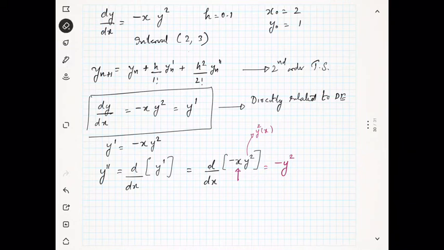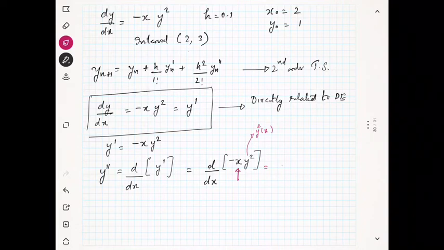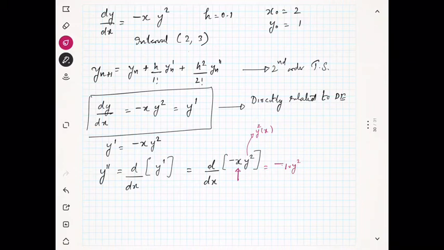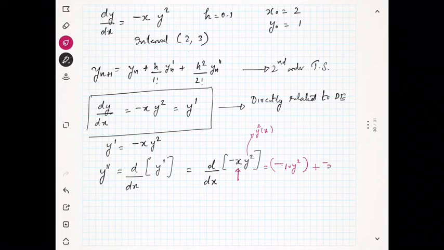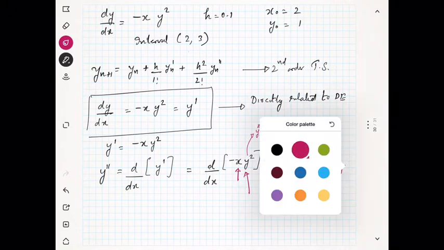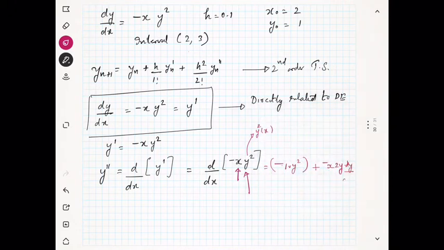For those who are confused, I will write the steps. Minus is already there, d by dx of x is 1, into y square, then plus. After differentiating with respect to x, you differentiate with respect to y. X is a constant, so it is minus x, already there. Then d by dx of y square is 2y into dy by dx.